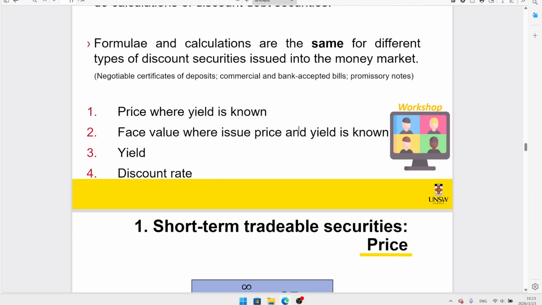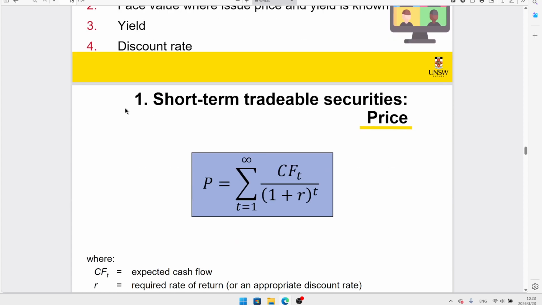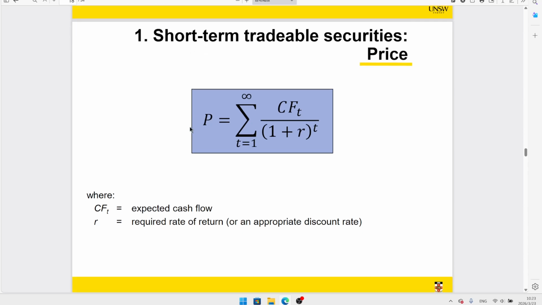We need the price where yield is known, face value where price and yield are known, yield, and discount rate. The price calculation is the expected cash flow discounted at the required rate of return: 1 plus rate of return to the power t accumulated.